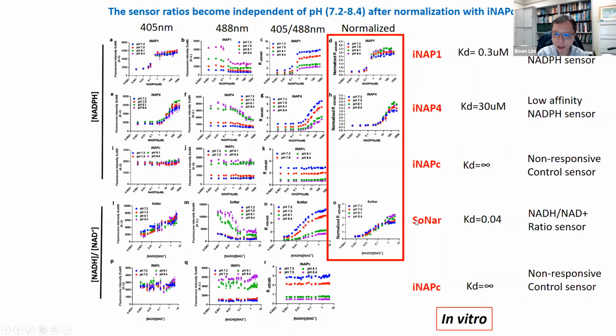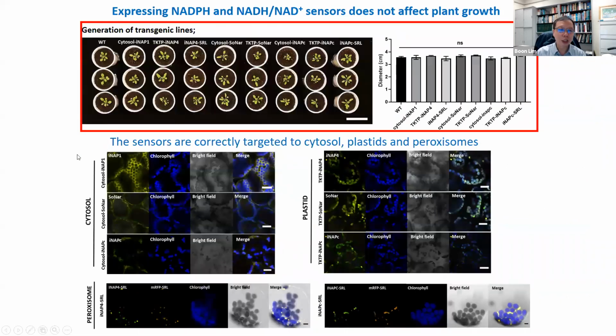And then for Sauna that measures the NADH/NAD ratio, before normalization it is also affected by pH, but after normalization it is pH independent. So we introduce these sensors, including the control sensors, in different compartments of Arabidopsis.